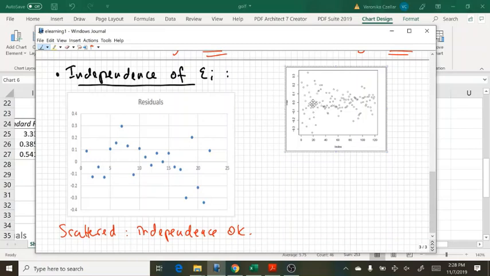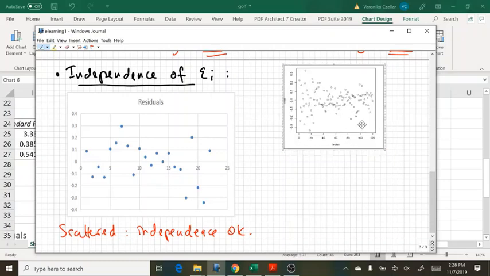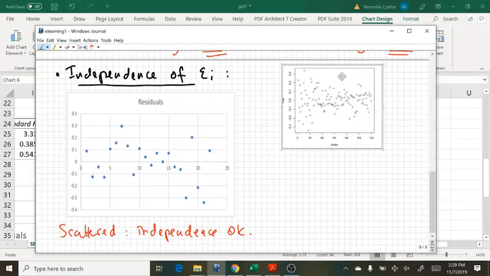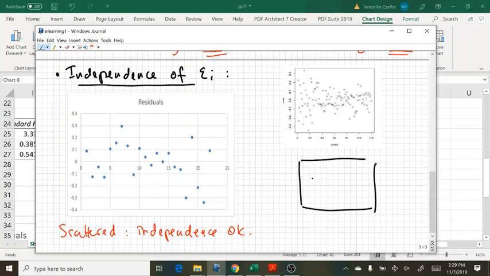The variance here is high and then is decreasing. That is clearly, if you look at the index, the observation number, there is a relationship between two consecutive observations. And also, what is not good, if you notice a pattern like this, that's not good either.